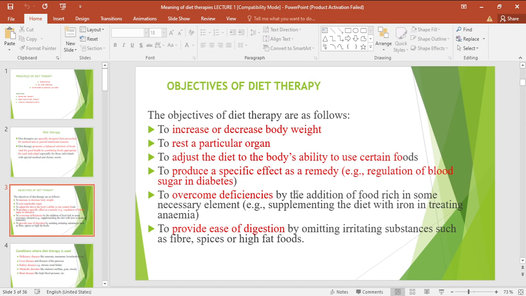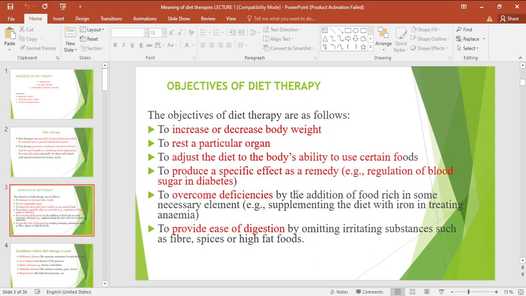So at the end of the day, we want to rest this organ so that it can come back to function again. We can also use diet therapy to adjust the diet to the body's ability to use certain foods. Then to produce a specific effect as a remedy, for example, regulation of blood sugar in diabetes. So we want to make sure that this patient does not take in too much sugar that will worsen the diabetes.